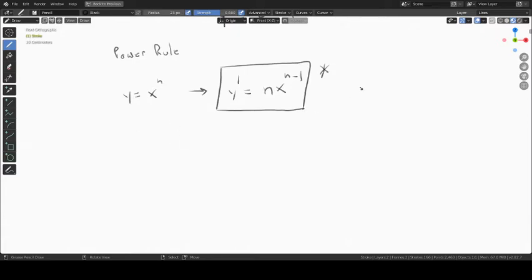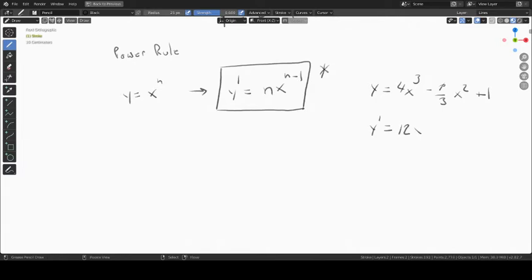So let's say we had y equals 4x cubed minus a third x squared plus 1. We could say that y prime is equal to n times the constant out here, which is 4 times 3, which is 12. So we'll go ahead and just write that.